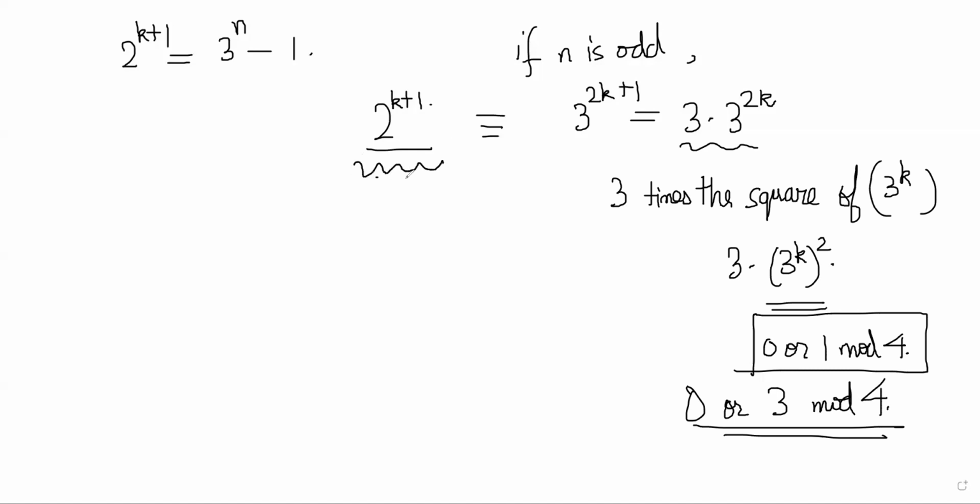On the other side, 2 power k plus 1 will either be, if k plus 1 is even, then you will get 0 mod 4, right? But if k plus 1 is odd, right? One second, let me think.